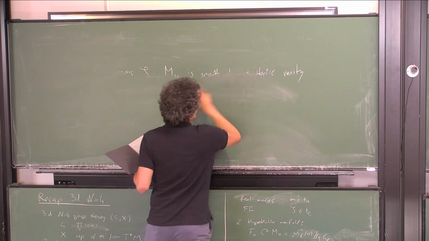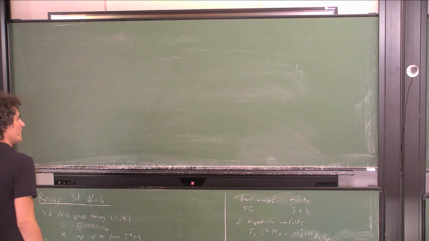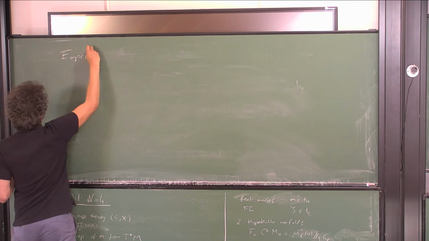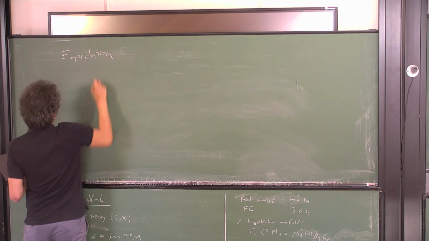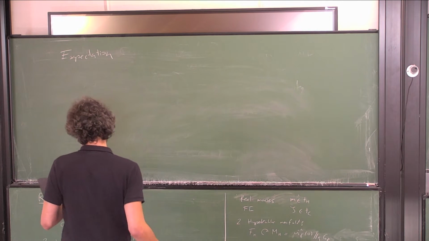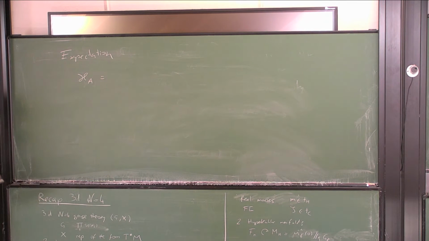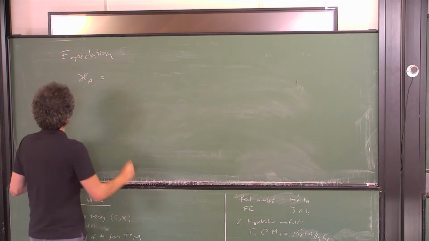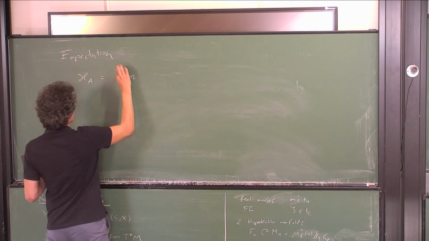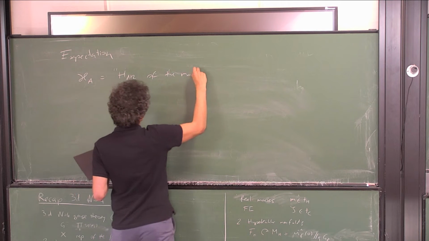So the expectation is roughly that the Hilbert space of states in the A-twist corresponds to the middle-rank homology of the moduli space of solutions.